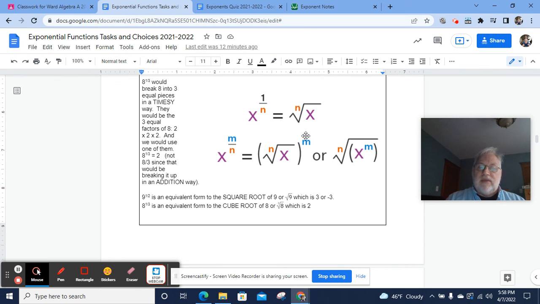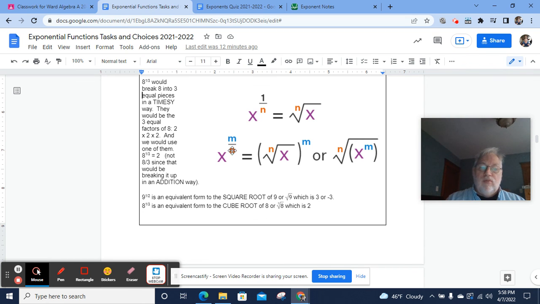And that's the same thing as saying the nth root of x. So if n was 7, I'd put a 7 here, and I'd be getting the 7th root of x. 128 is made of 7 factors of 2. And so the 7th root of 128 would be 2.